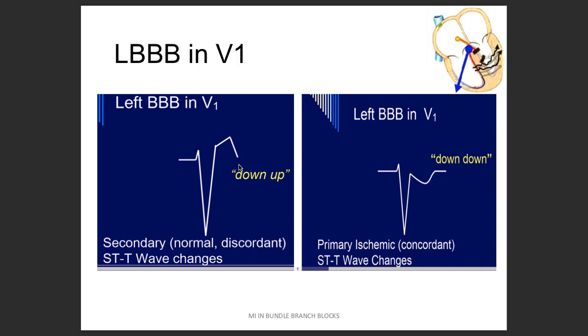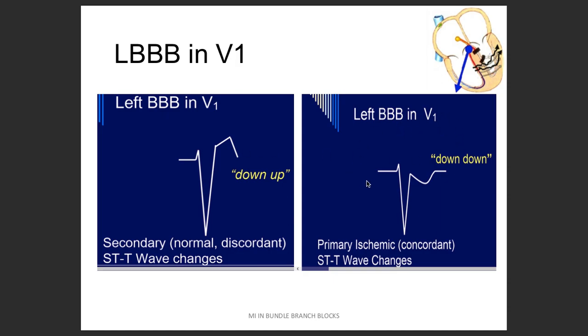There's more of a negative deflection in V1. However, the T wave, or the ST segment changes, is it more positive or negative? It is positive. So is this concordance or discordance? Opposite directions, right? So this is discordance, isn't it?